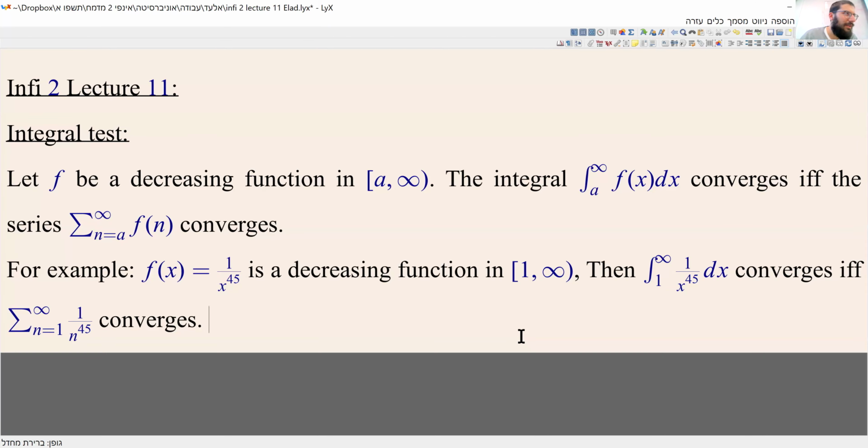And I think that I can use my imagination and find an exercise where you need to use the integral test to understand integrals from series. That's my problem.